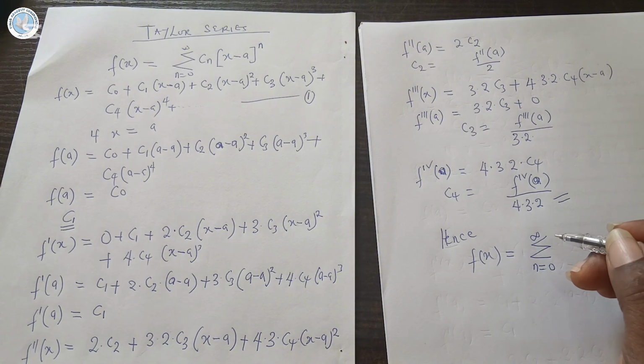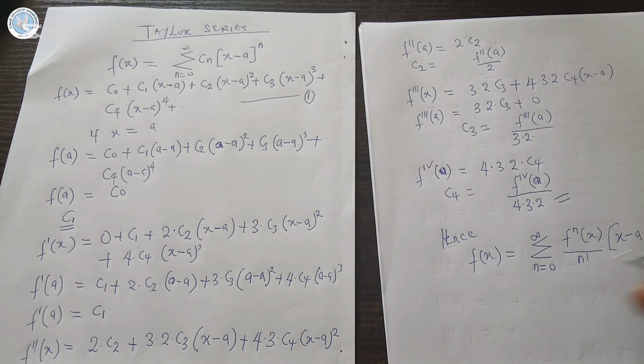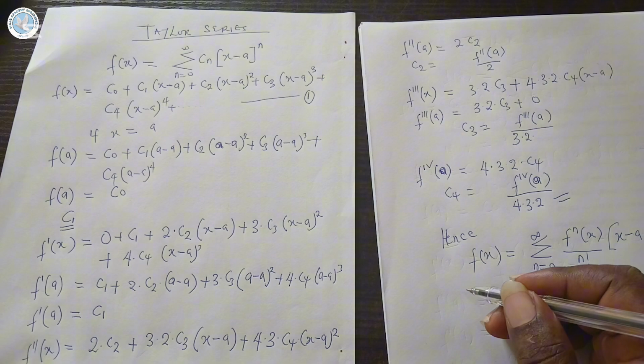In place of cn, we can use f of n, that is the nth differentiation, of a divided by n factorial. We open the bracket, x minus a raised to the power of n.